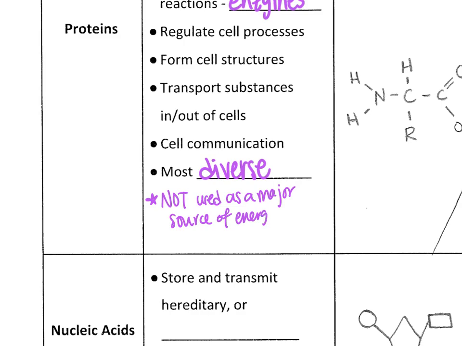Now, for our athletes and our bodybuilders, it is still really important to consume lots of protein because when you're using your body and you're breaking and tearing muscle, proteins play a really important role in building muscle cells. So we use them to form cell structures and build muscle, but they are not used as a major source of energy. So make sure you know that.